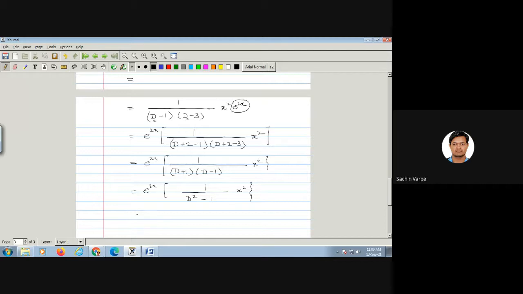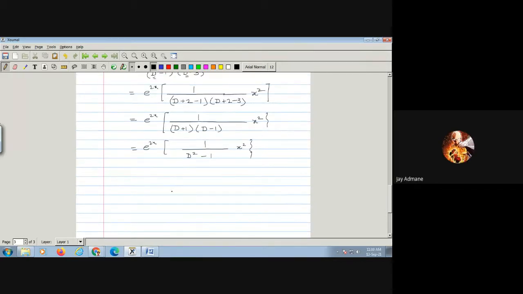Is this okay, Jay? Yes, sir. So we want that 1 upon phi of d in the form 1 upon 1 minus p. So let us take minus 1 common. So that will be minus e to the power 2x into 1 upon 1 minus d square, of the form 1 upon 1 minus p. And now expand. The expansion is 1 plus p square, that is d square squared, that is d raised to 4, and hence neglected.